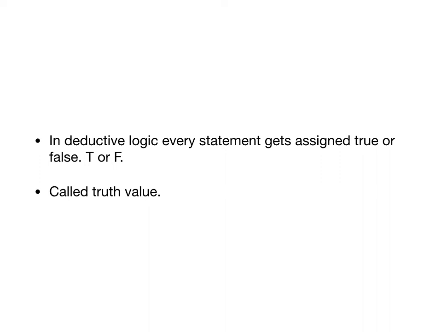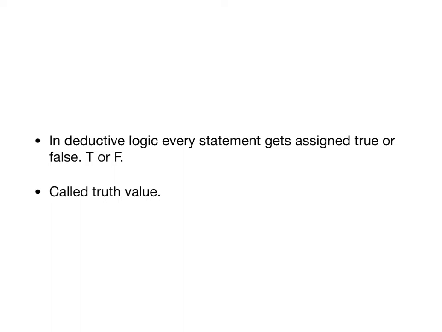So, all right, what do we mean by truth values, and what in the world is a truth table? All right, in deductive logic, which I said is the most basic thing you can do with propositional logic, every statement, every claim, every proposition gets assigned a truth value. It's either true or false.